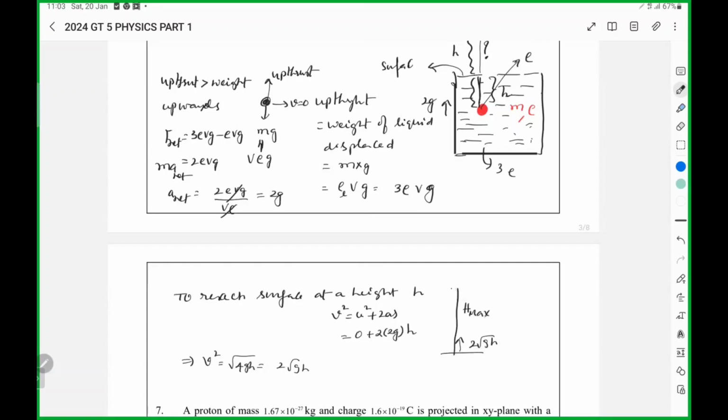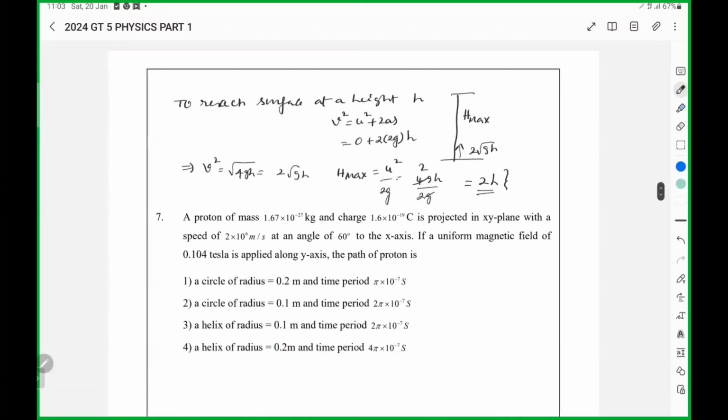So above the surface, what height does it reach? H maximum is u square by 2g, which is 4gh by 2g. That is 2h from the surface, so it finally reaches a height 3h.